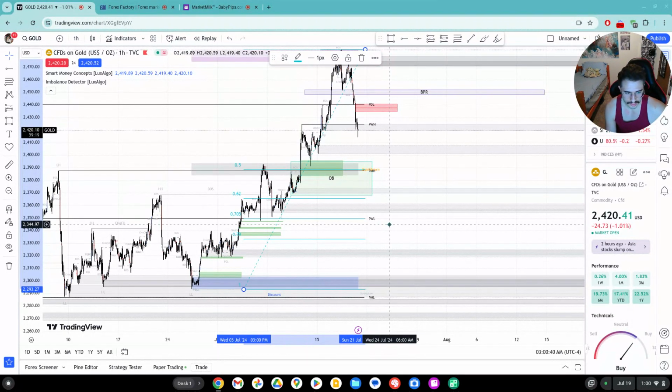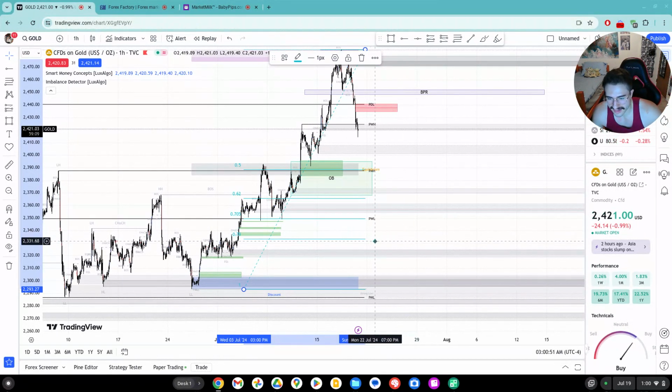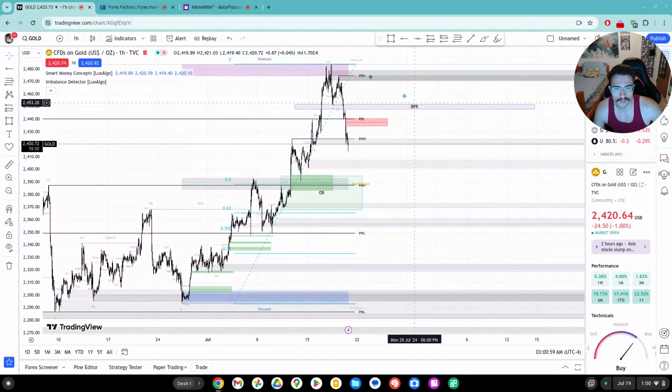Some currencies or futures will never, well, let's not say never, but it's unlikely for them to retrace that much. But because gold is such a volatile thing to trade, it can do that.